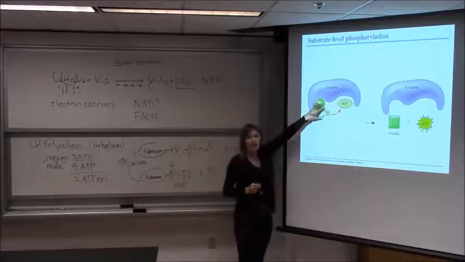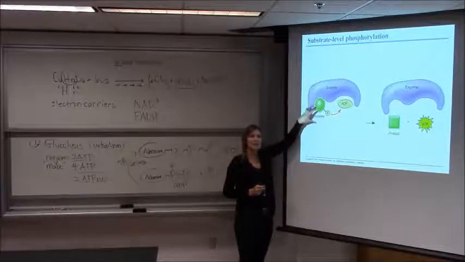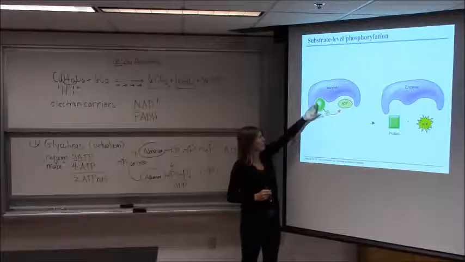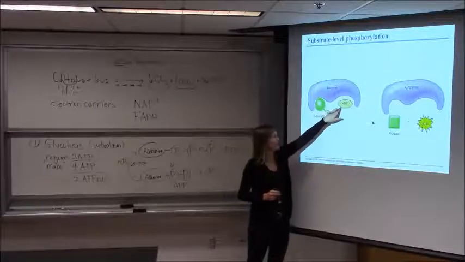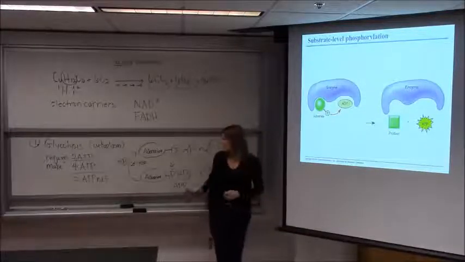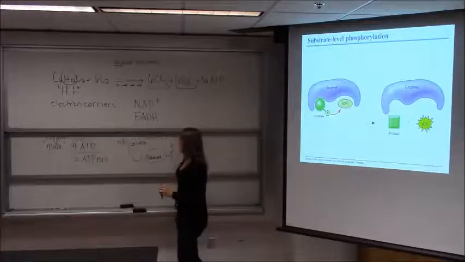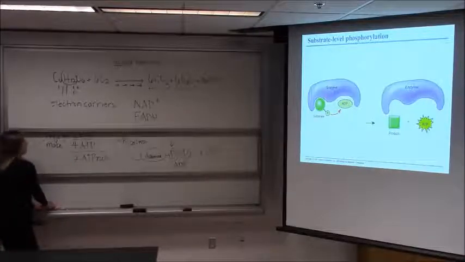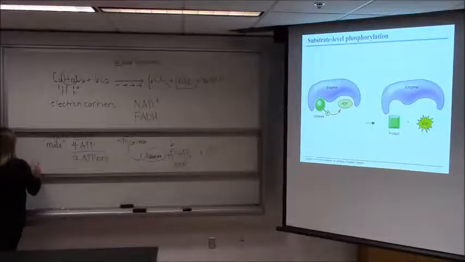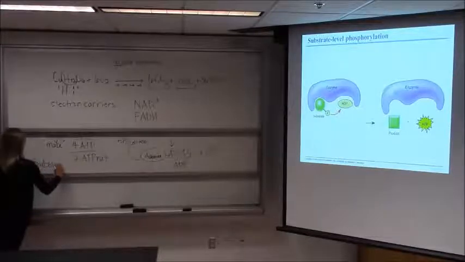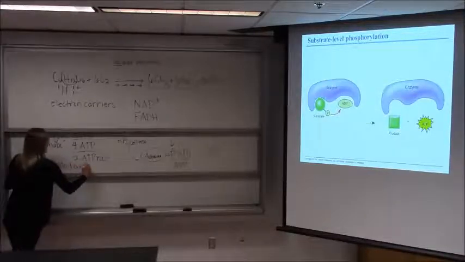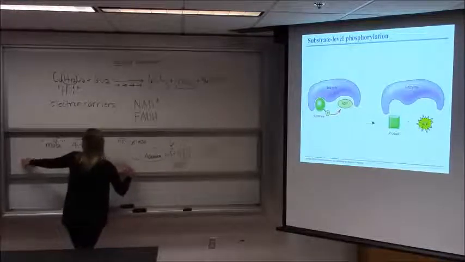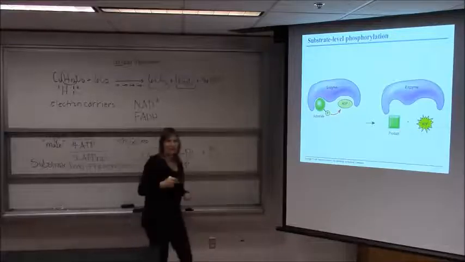Remember, the substrate is the reactant that binds to the active site of an enzyme. And because we're taking this phosphate group from a substrate and transferring it to ADP, we call that substrate level phosphorylation. So we make these 2 ATP in glycolysis by a process called substrate level phosphorylation. If you don't remember what phosphorylation means, you should rewatch the energy video.